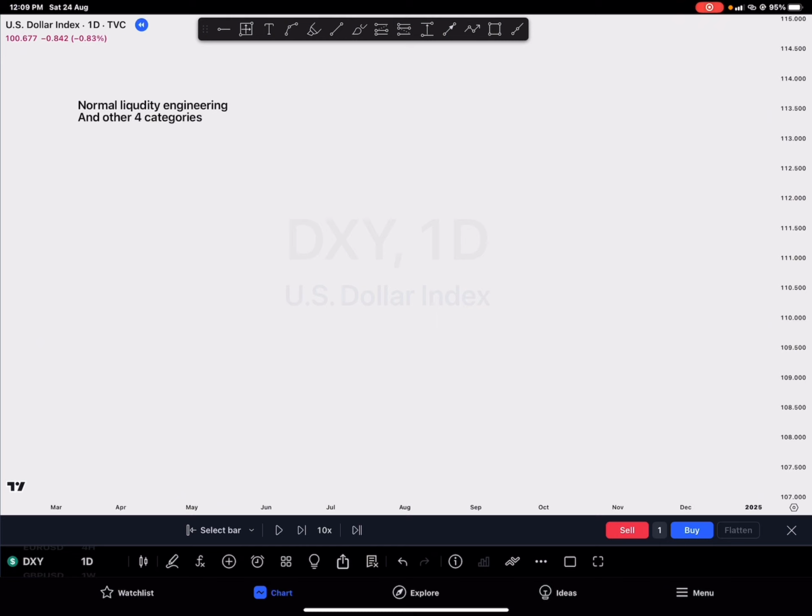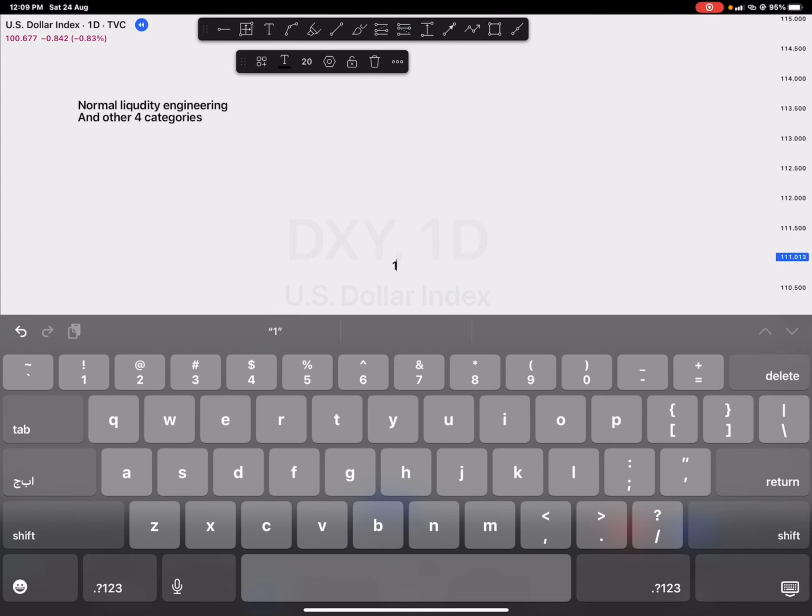So now we have the first category of this normal liquidity engineering, which is the higher time frame normal liquidity engineering.